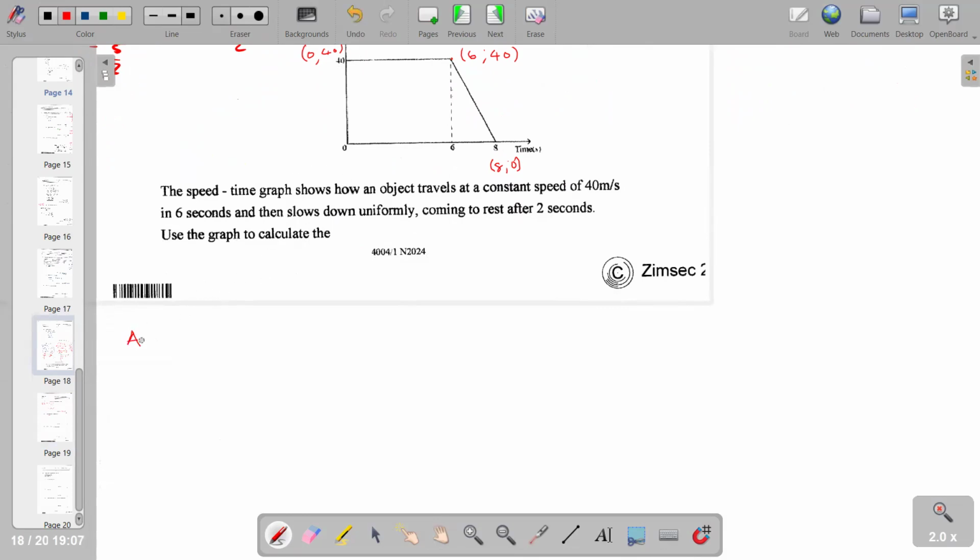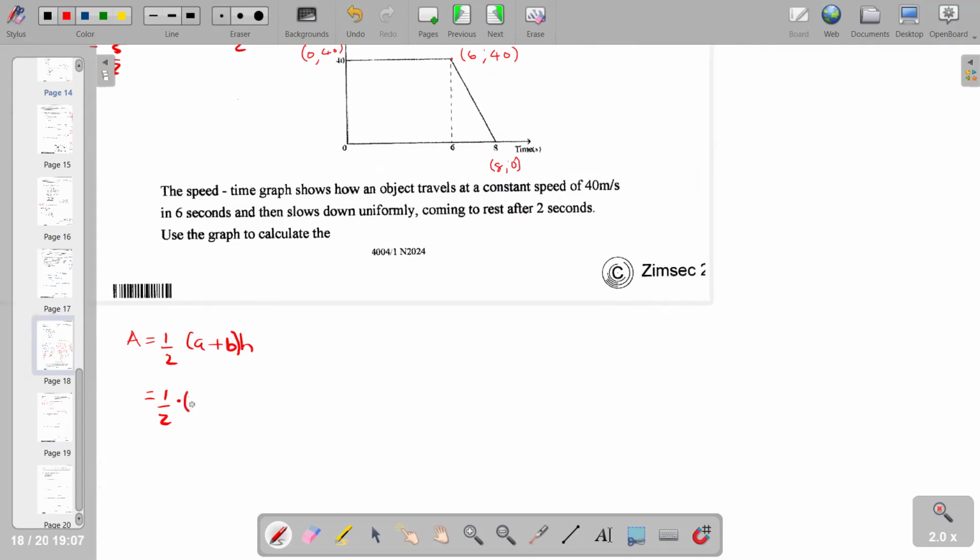So the area of the trapezium we know is half times (A plus B) times H, where A and B are the sides that are parallel to each other. So this will be equal to half, then from this point to this point, these are 6. It took 6 seconds.